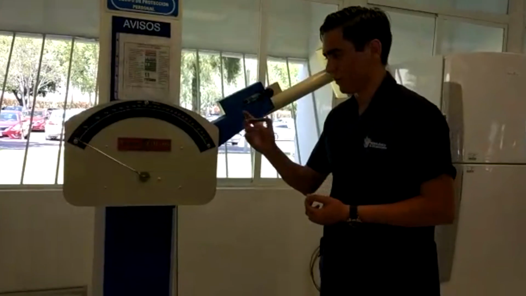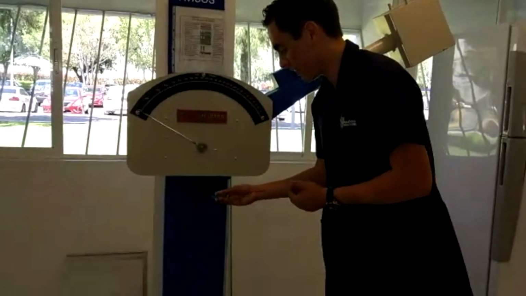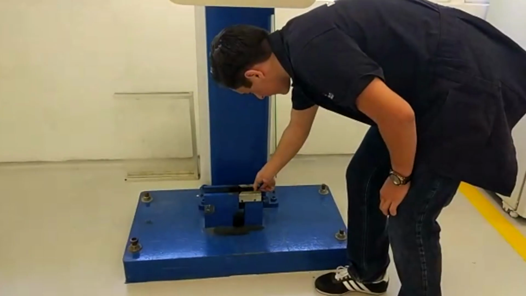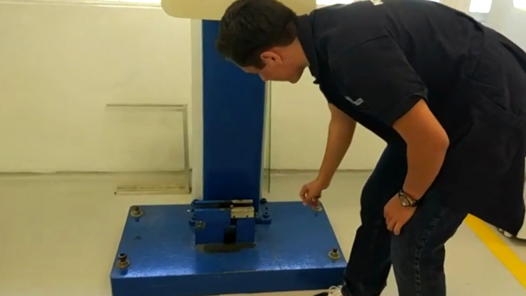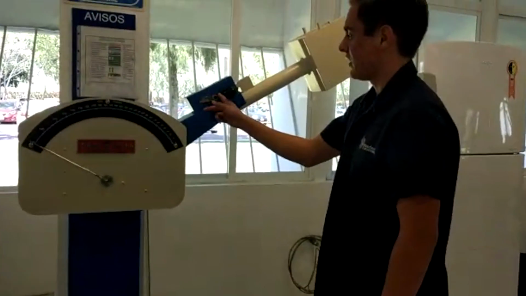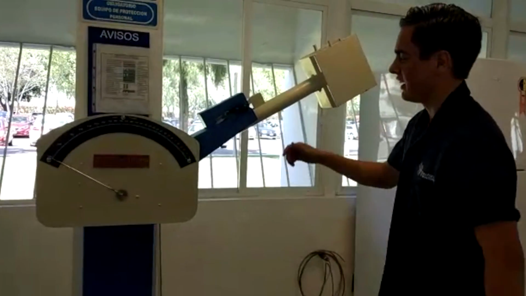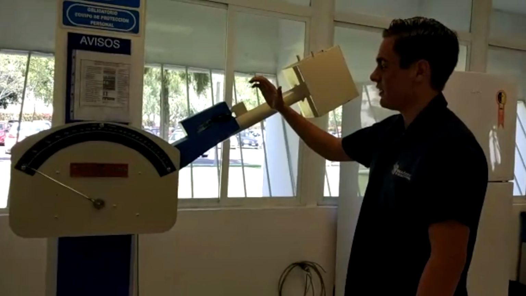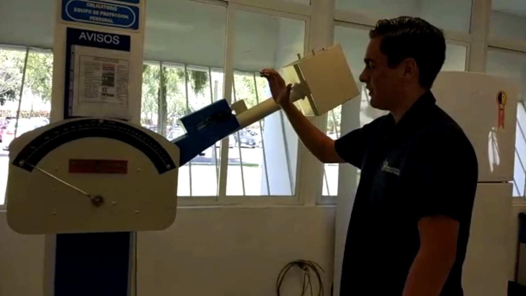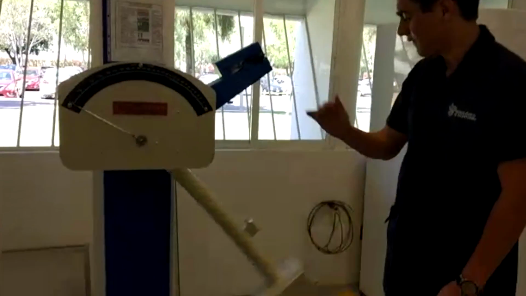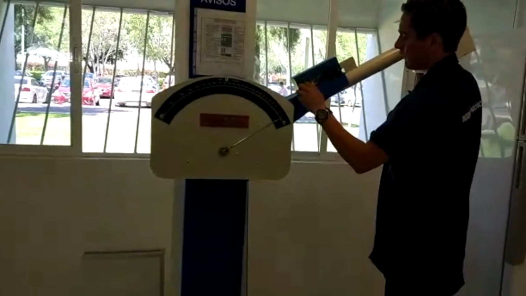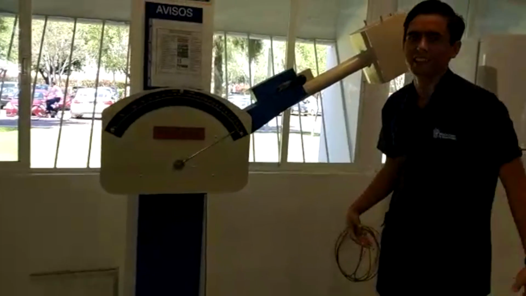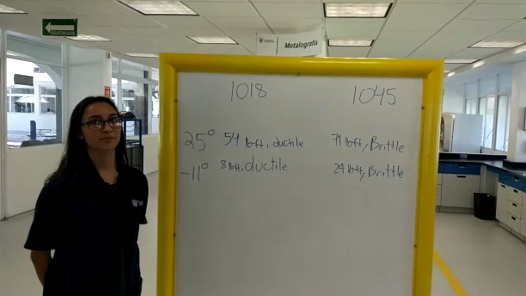You put the piece and secure it in its location, take out the safety, and just let it go. And that's how you test the impact resistance.